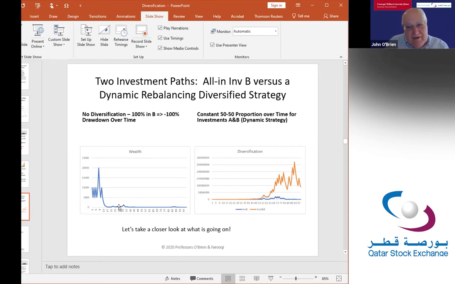So first lesson today: don't ever put all of your eggs in the one risky basket. If you're extremely risk averse, and I'm not recommending anything today because it depends on your preferences, you may put all your eggs into a government bond, but you're going to earn a very low, slow and steady sort of return.